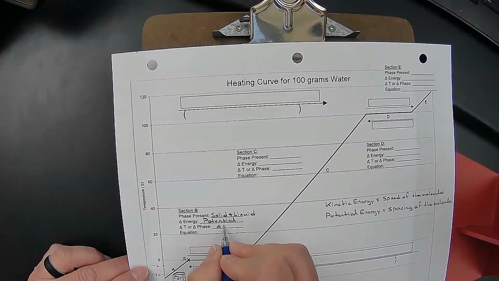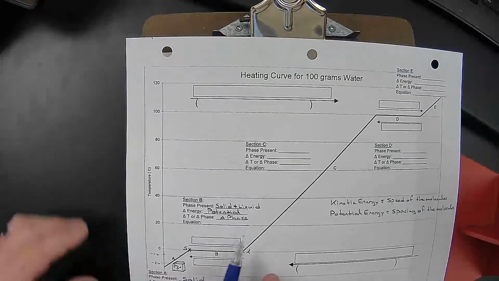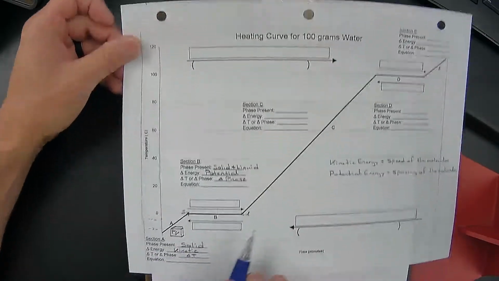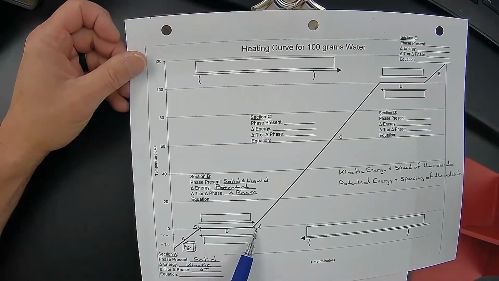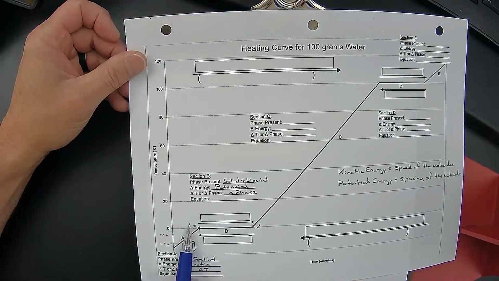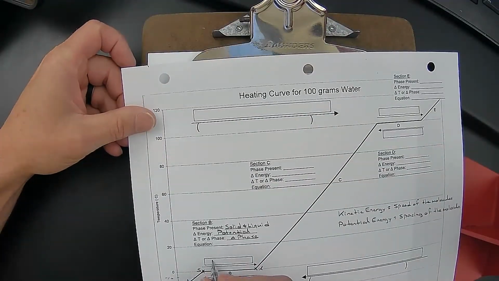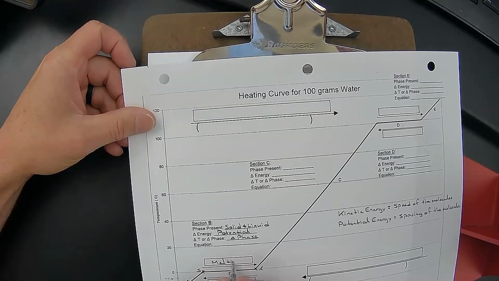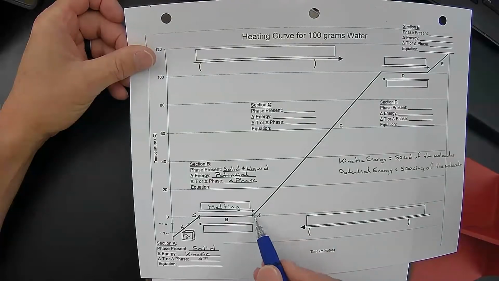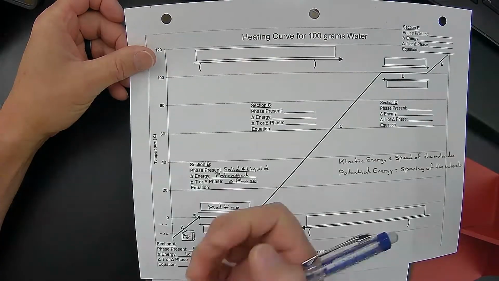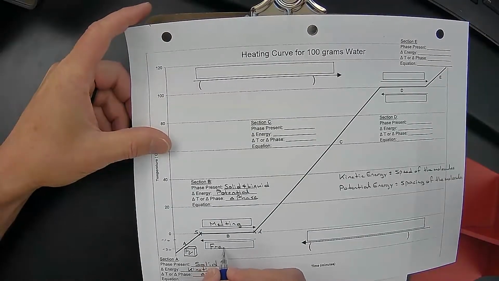Instead, it's a change of phase. By change of phase, we mean moving from a solid to a liquid. We know what this change of phase is called when we start with a solid and end with a liquid. We call it melting. But we could also do the reverse and start with liquid and pull energy out, and we would call it freezing.